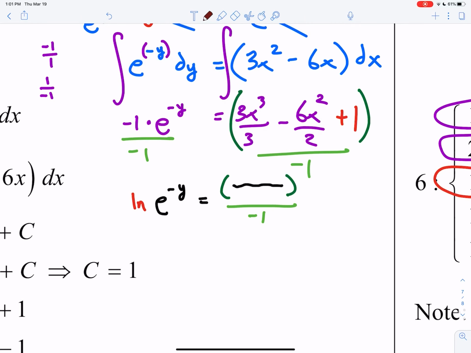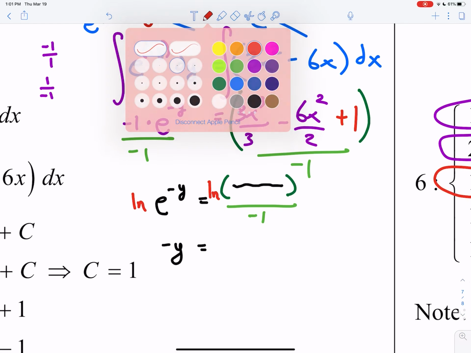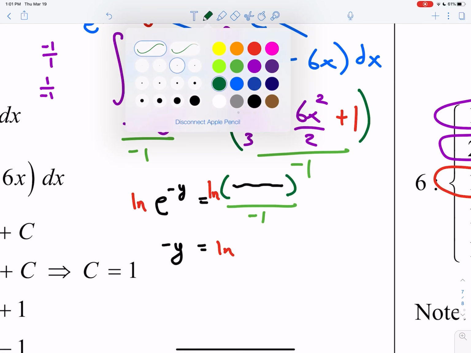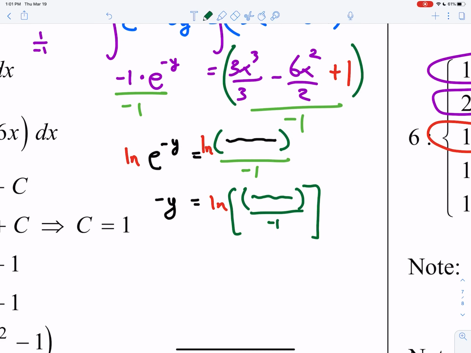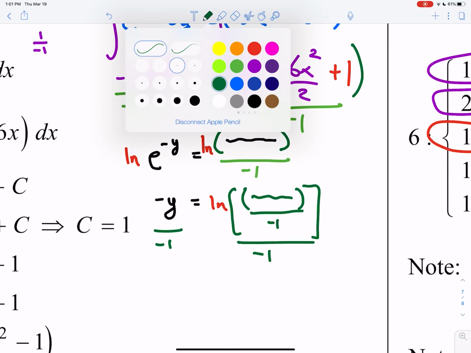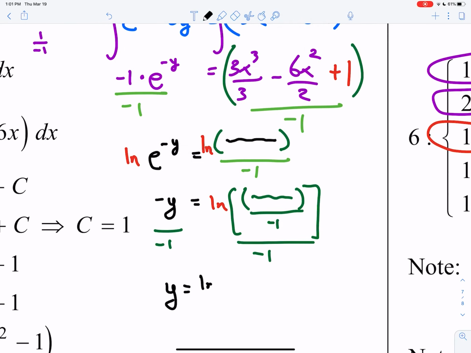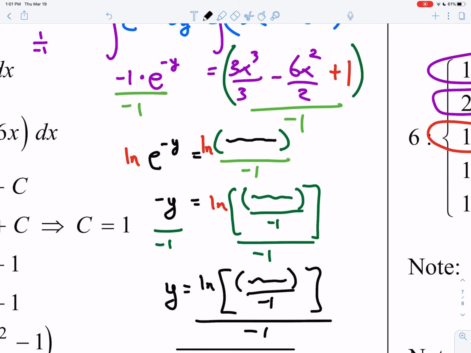So I'm going to take the natural log to get rid of that e. So now negative y will equal the natural log of that blah over negative 1. Okay, it's messy, but it's equal. So let the AP readers do all the hard work here. Last step, we're going to divide by another negative 1 to get y by itself. So y will equal the natural log of blah over negative 1, all over negative 1.